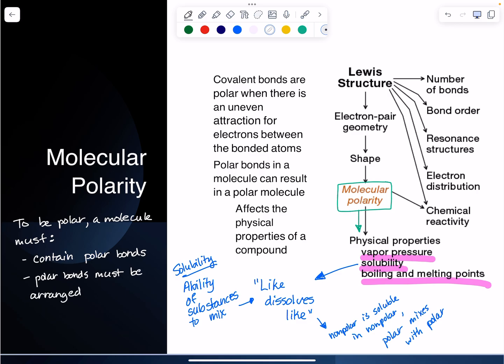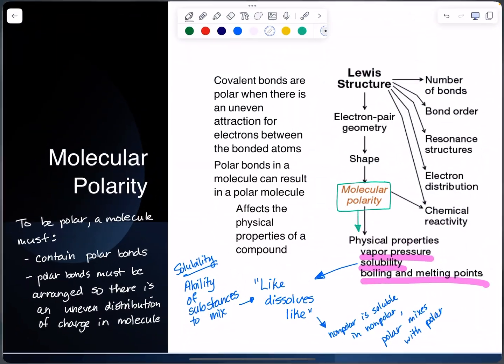So there is an uneven distribution of charge. And this is in the molecule as a whole, okay?